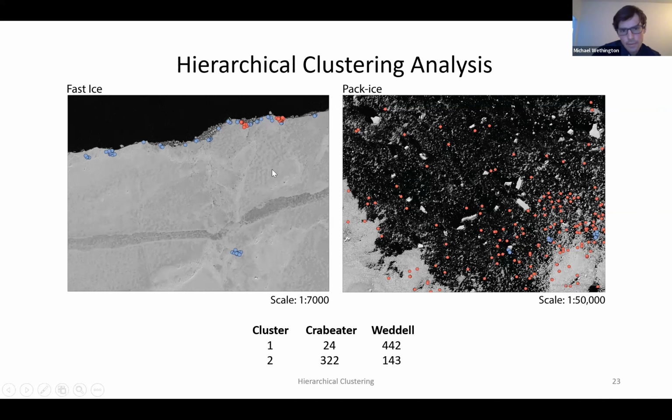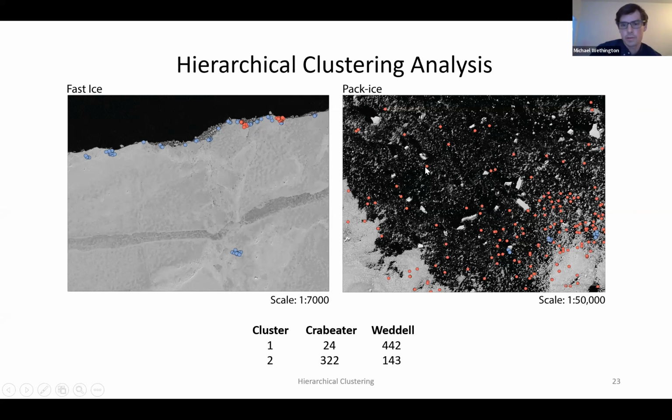On the left, we have a scene with fast ice, which we would assume, given the breeding season, are likely to be Weddells. Anything in blue is classified as Weddell seals, and the red is sort of the false flag on the outside. Likewise, in this pack ice scene, we have a similar pattern, where most of the points are by and large properly classified.